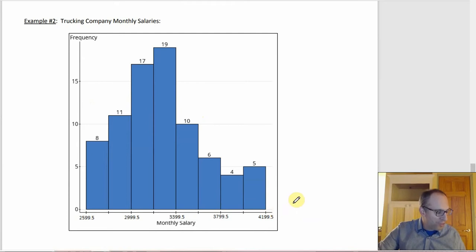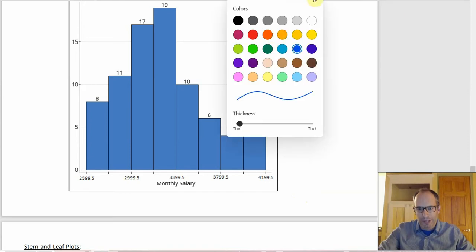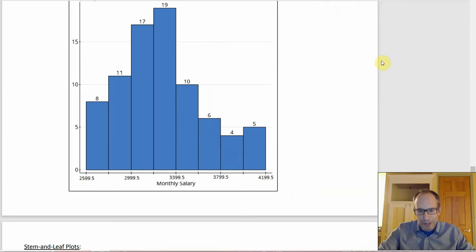The way that we had the classes set up, this one here is really 2600 to 2799, then 2800 to 2999. So what we end up with here, for example, and since everything around this is blue, I should use a different color, what does that come from?